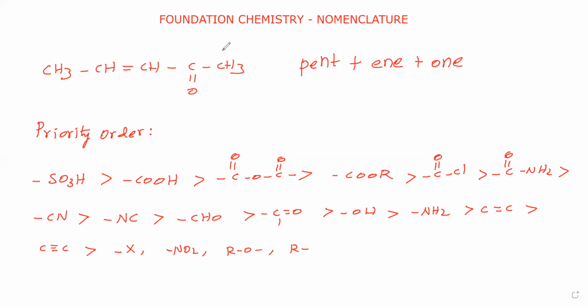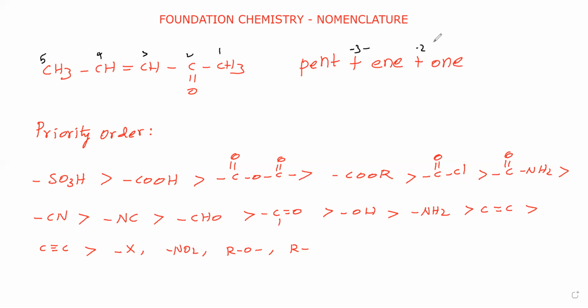Therefore, we'll start from the right extreme. Here number 1, here number 2 carbon, it is third carbon, it is number 4 carbon, it is fifth carbon. So C=C double bond is present between 3 and 4. Therefore, position of C=C double bond is 3. Ketone is present at second position.